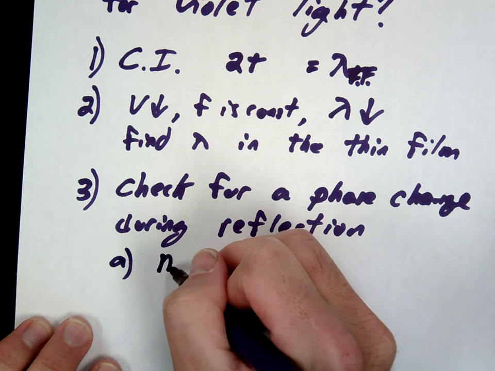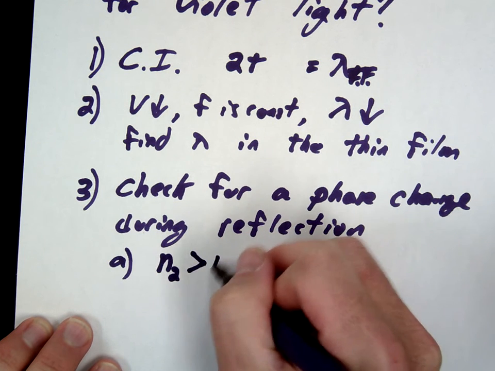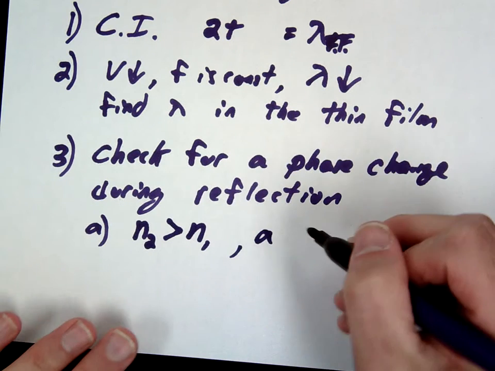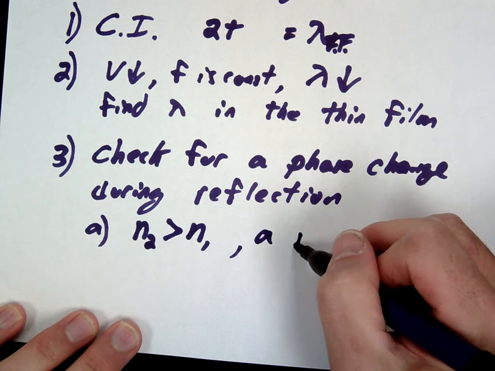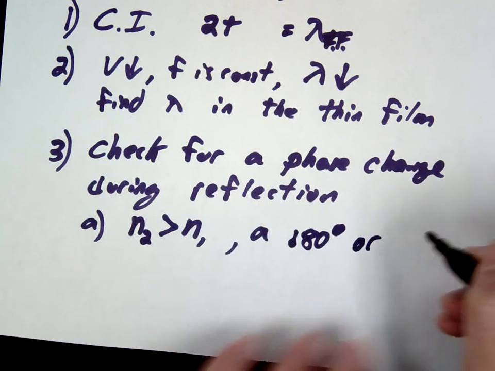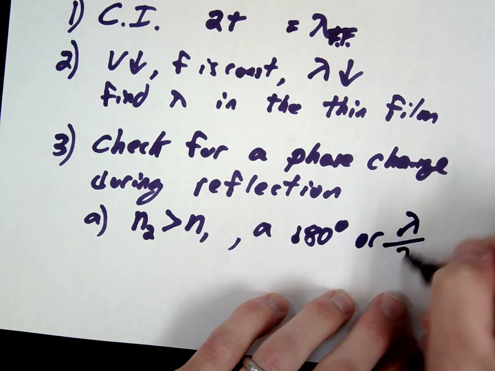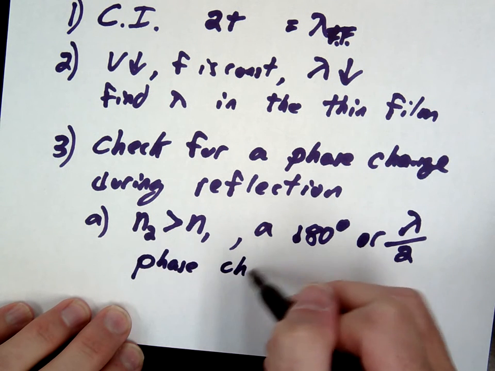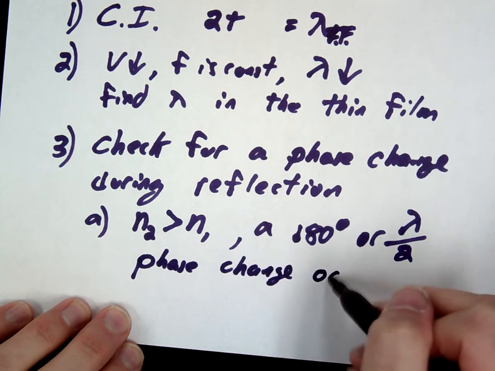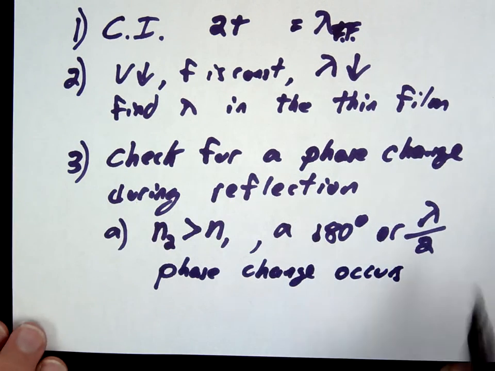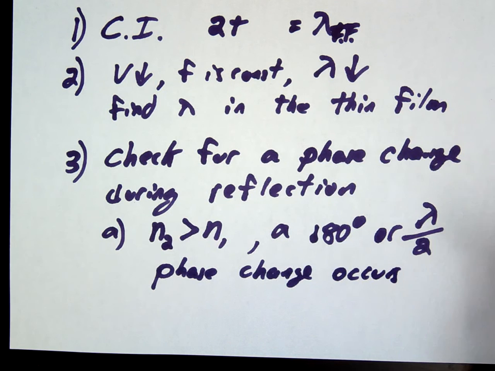When n2 is greater than n1, then we're going to get a phase change. 180 degrees, or another way you can write this is lambda over 2, phase change occurs. Why is it lambda over 2?